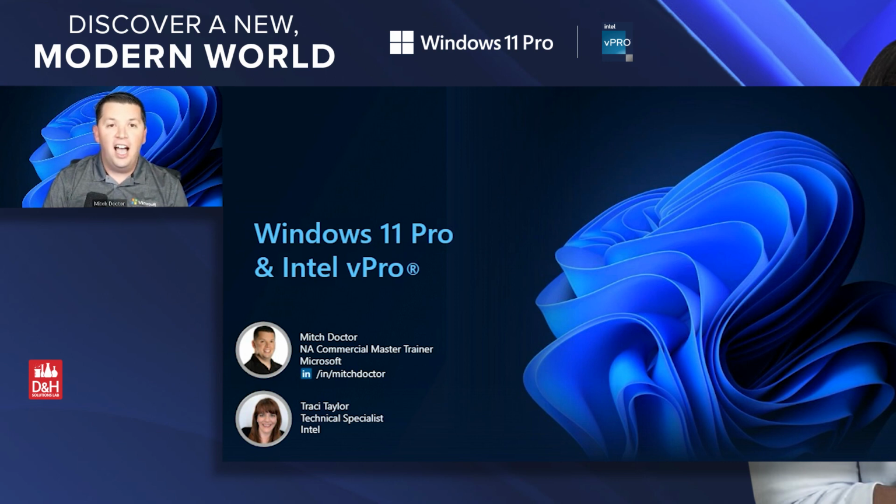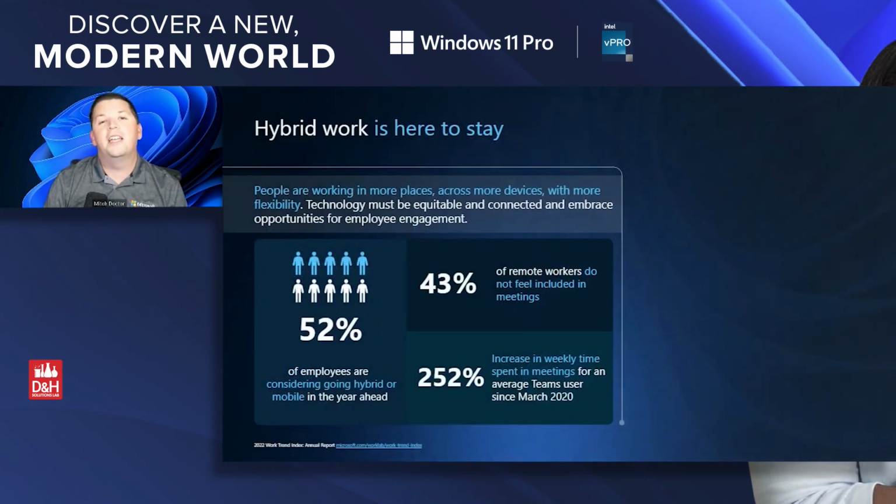That's why Tracy and I are both here. We'll talk about how vPro and Windows 11 Pro mesh together to give you the best levels of power, productivity, and of course, everybody's favorite, security, because that's why everybody is here every day anyway, right?